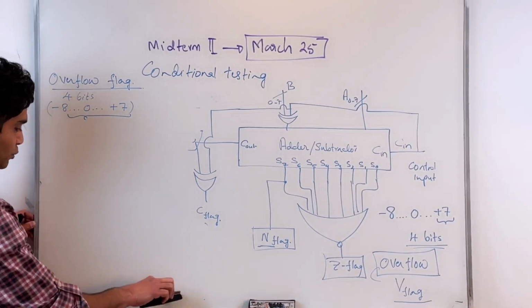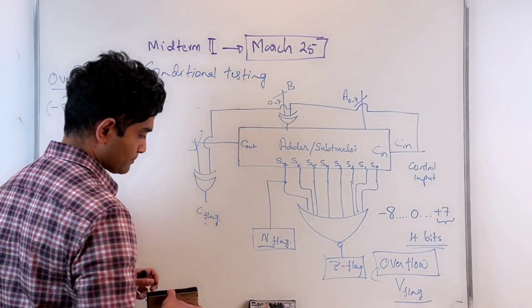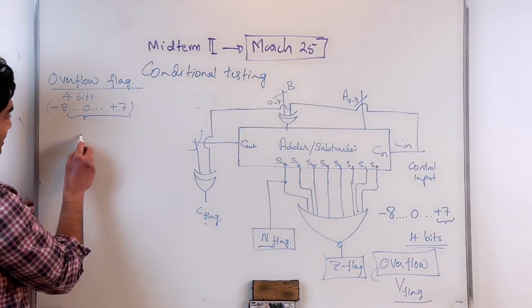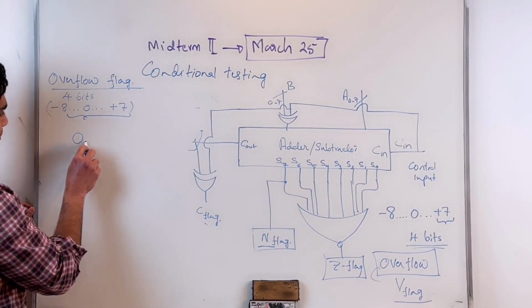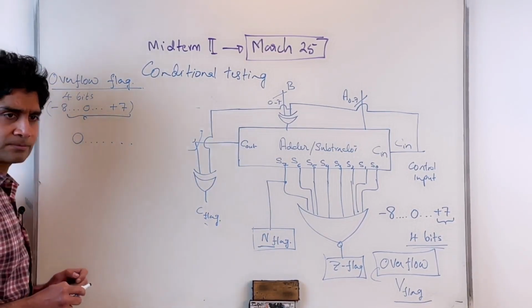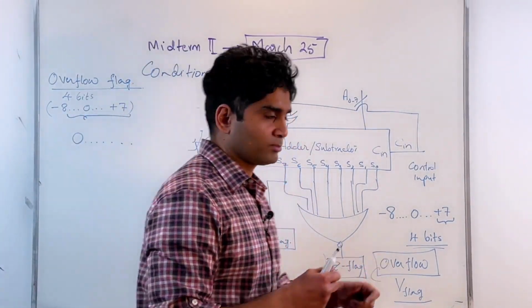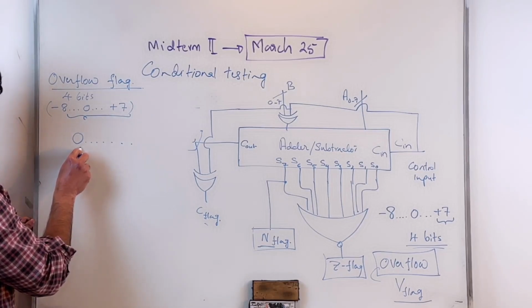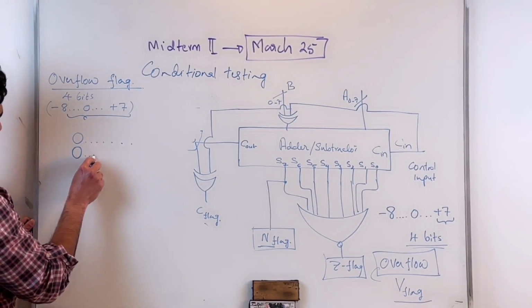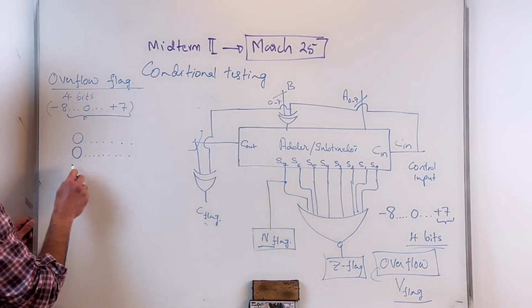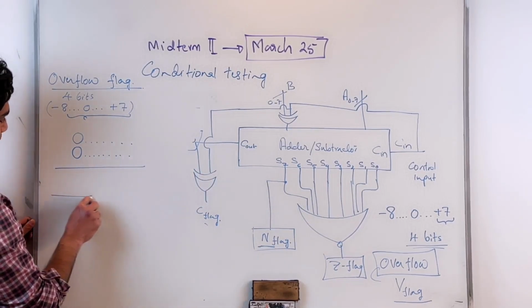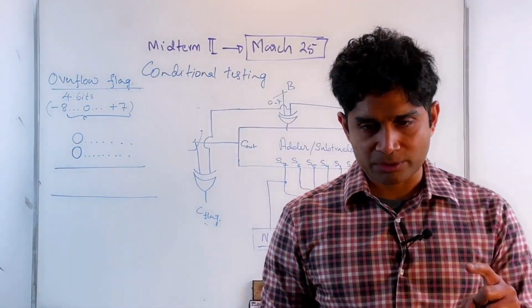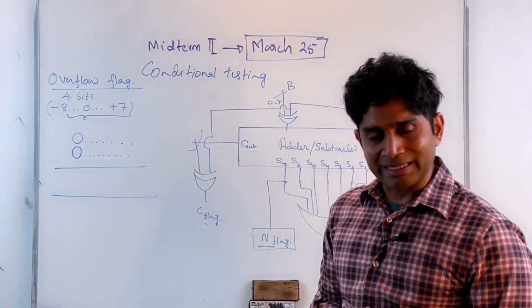So let's say I'm trying to add two positive numbers together. When I say positive, that means my most significant bit is 0. I really don't care about the rest of the bits, because the most significant bit of 0 represents that it's a positive number. And I'm adding another positive number to that. Again, I'm not too worried about the rest of the bits. I'm looking at the condition where, when adding a positive number to a positive number, I'm getting a negative answer.